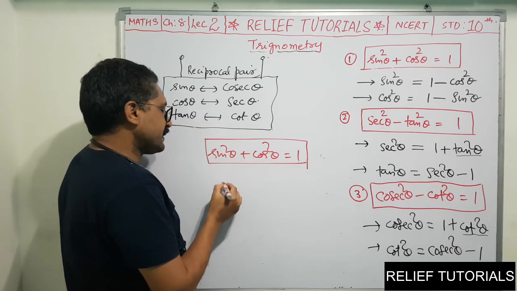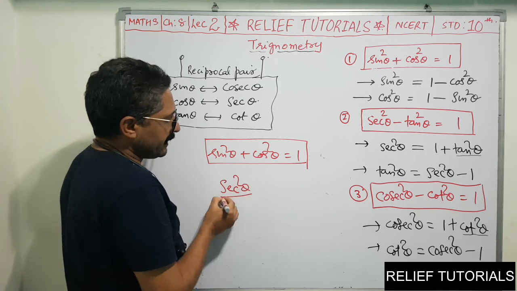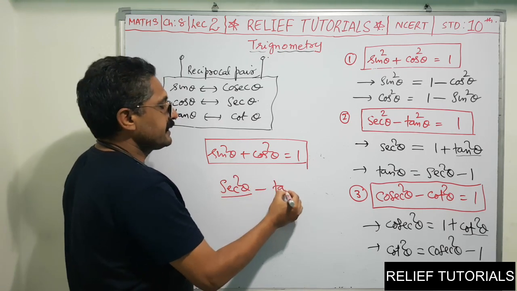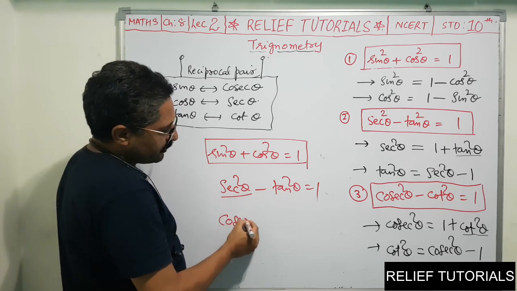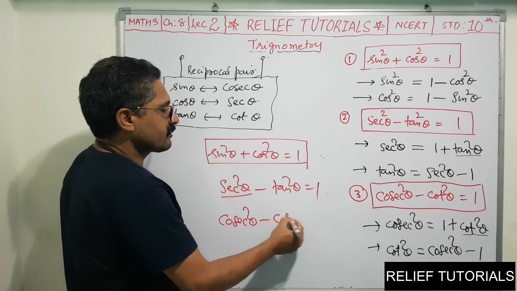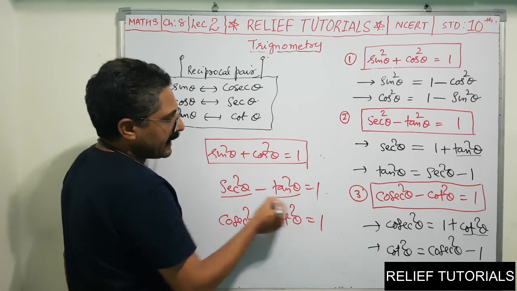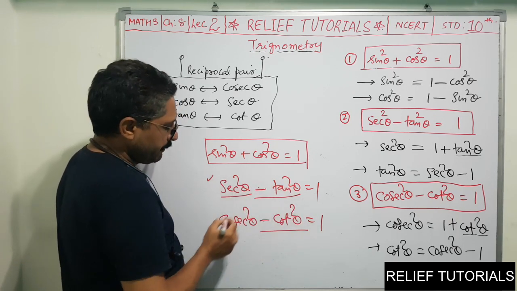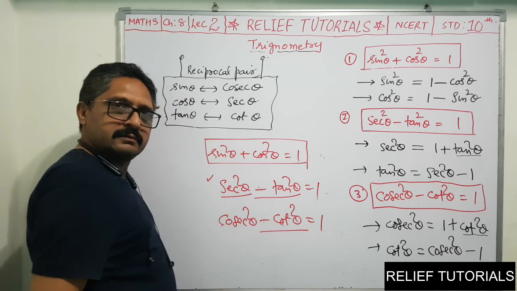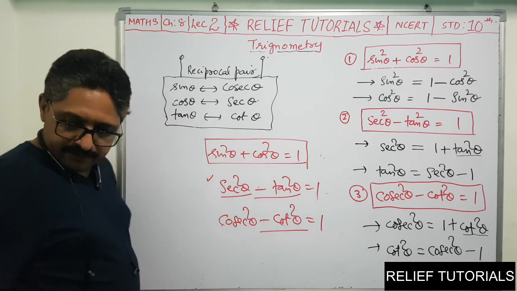Then the pair of sec is tan, so sec square theta minus tan square theta is equal to 1. For the remaining two ratios, cosec square theta minus cot square theta is equal to 1. Tan and cot both are negative. The pair of sec is tan, the pair of cosec is cot. I hope you understood this.